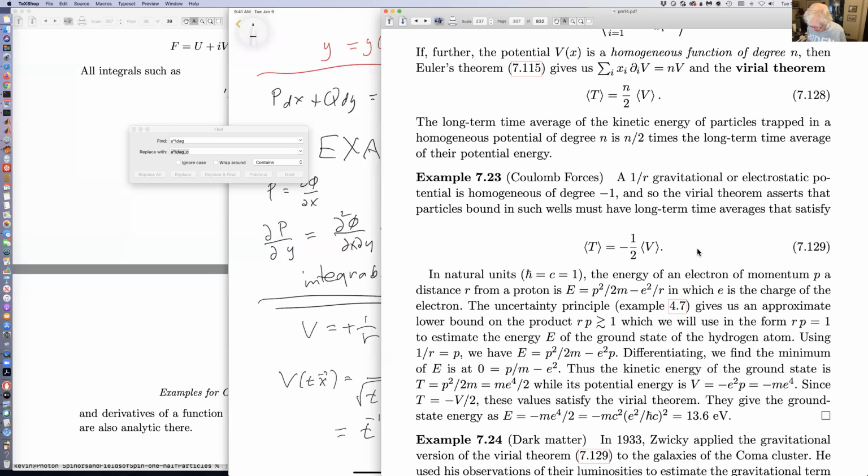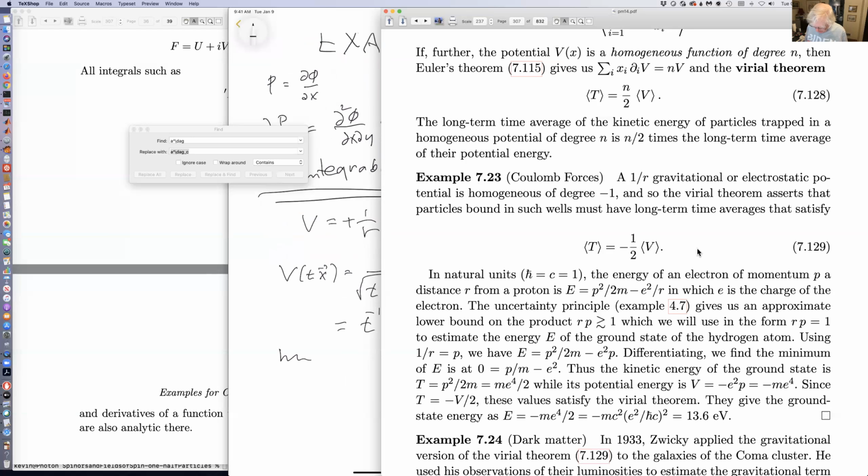So this is homogeneous degree minus 1. And what does that tell us then? That says then that the mean value, the long-term time average of the non-relativistic kinetic energy is minus a half times the long-term time average of 1 over r in this case.